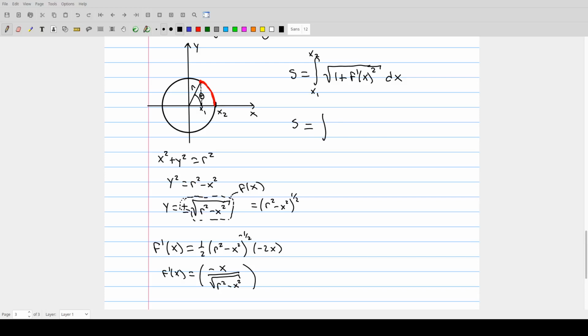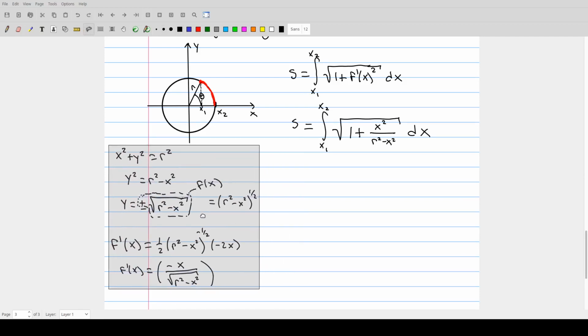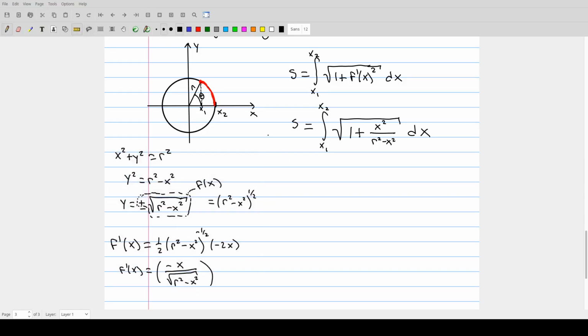s is the integral from x1 to x2 of the square root of 1 plus, and then this squared is going to be x squared over r squared minus x squared, dx. I'll move all this stuff over to the left a little bit so we have more room.